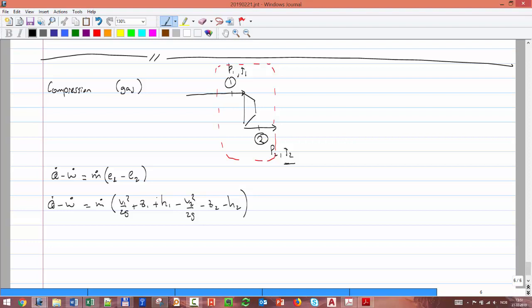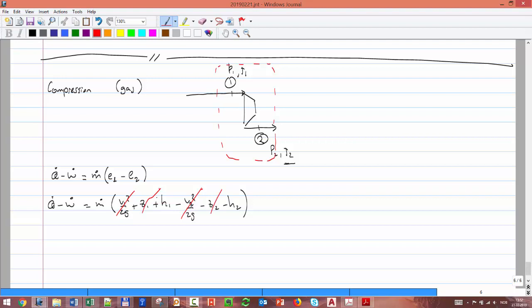Okay, you take all the energy of the fluid coming in, that you basically have internal energy, you have pressure, you have kinetic energy, and you have potential energy. Okay, then we can say that the change in kinetic energy and the change in elevation for a compressor is basically zero.